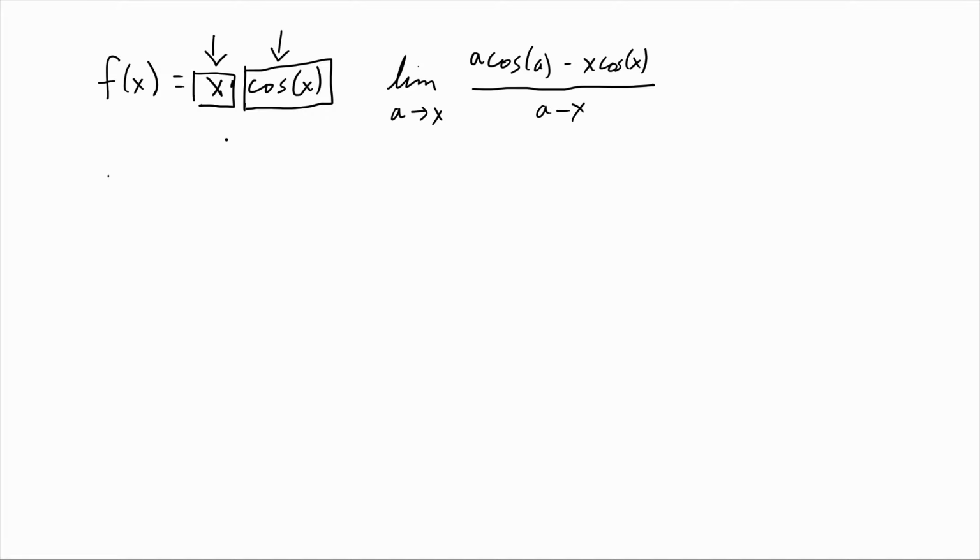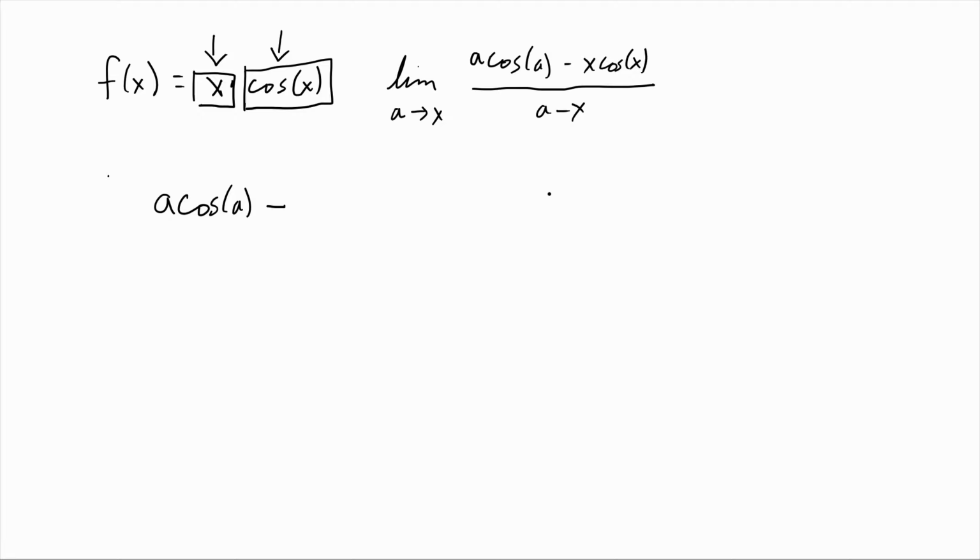It doesn't matter how I do this: I'm going to assign one of these to be variable, the rest constant for a minute. So the thing that's variable in this limit is a, and I'm going to expand this numerator here, a cosine a, and I'm going to subtract something, and this part I'm going to put over here.